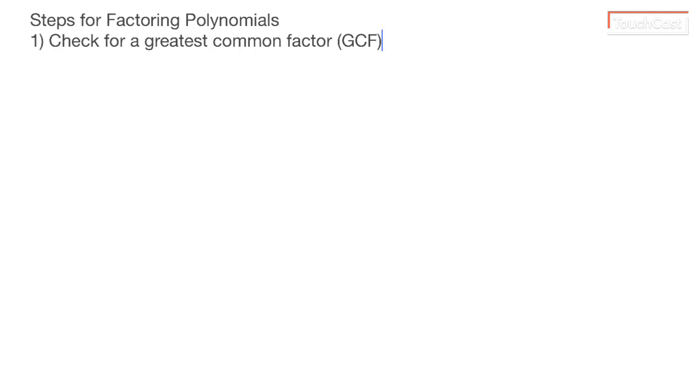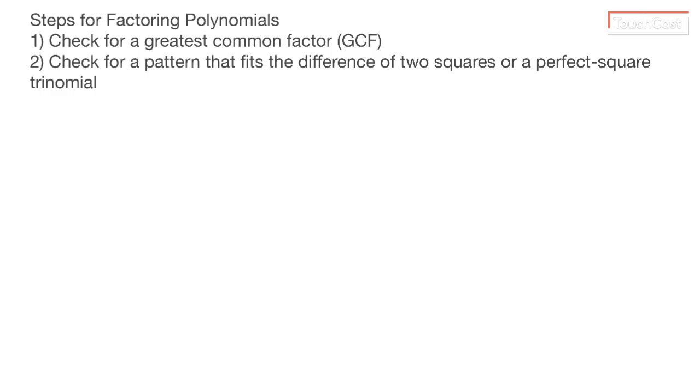Now I've got some steps I want to show you for factoring polynomials. The first step we're going to do is check for a greatest common factor. We're going to look for a GCF. Then we're going to check for a pattern that fits the difference of two squares or a perfect square trinomial.